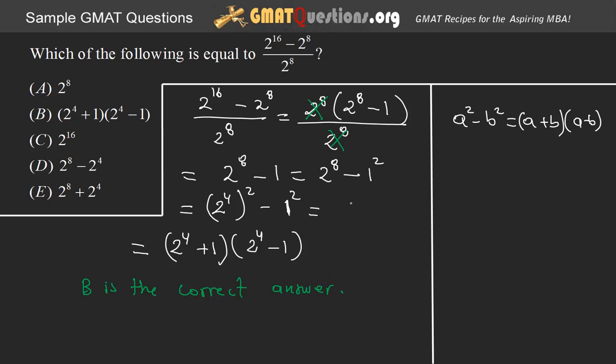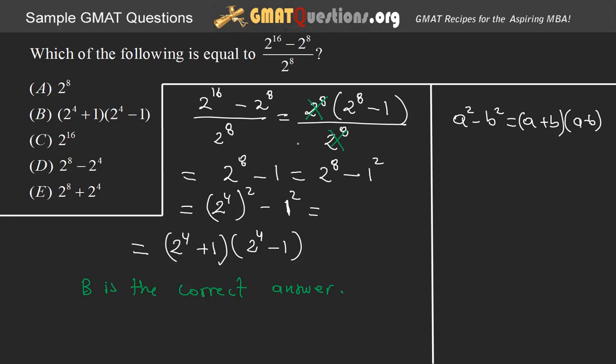Notice that I had to perform two different types of factorization in order to solve this question. The first type was a common factor. I extracted a common factor, and then from there on, I had to perform the difference of two squares, which is a different type of factorization.